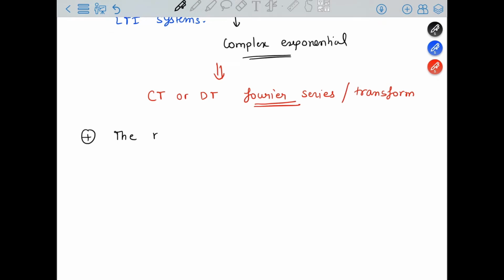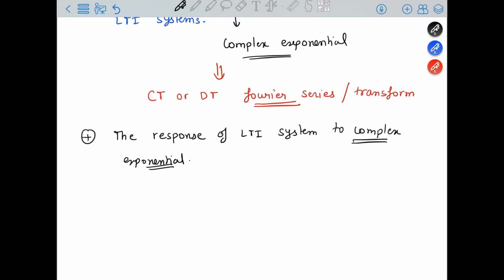So we will understand the response of an LTI system, that is a linear time invariant system, to a complex exponential input.